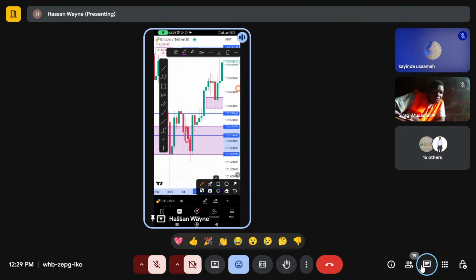The green candle refused to break through, but the third candle, this one, broke through. So this red candle was a confirmation for me that we can enter and short the market.